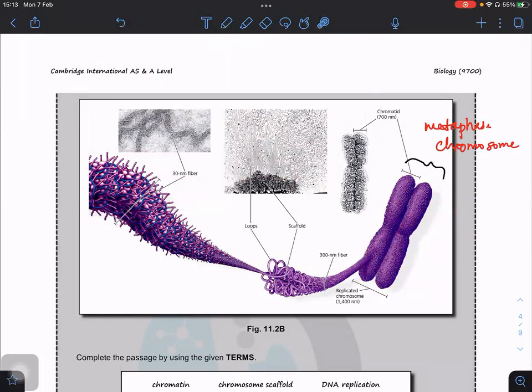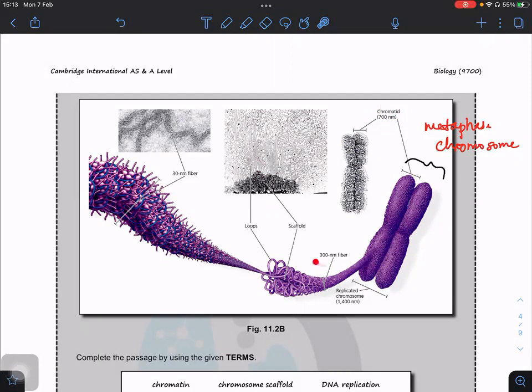You can see this from the loops and everything, and then it coils onto this structure. And this structure, can you see that it has now increased to 700 nanometers? At 700 nanometers, generally we can see them under the light microscope, but not the 30 nanometer. We can't.